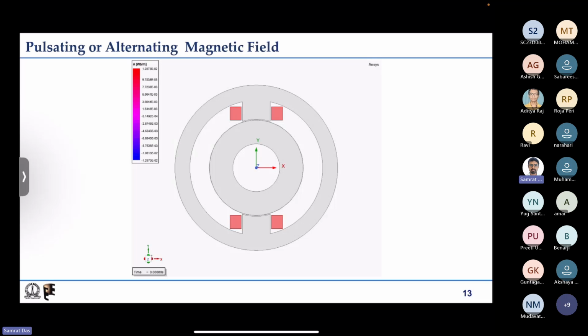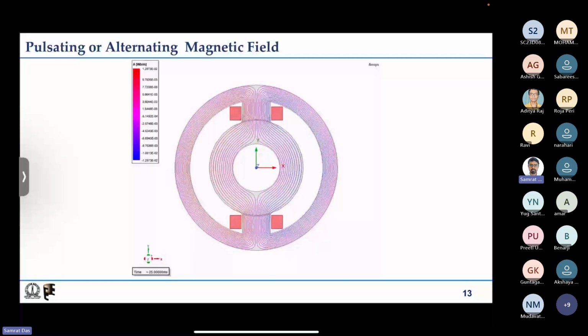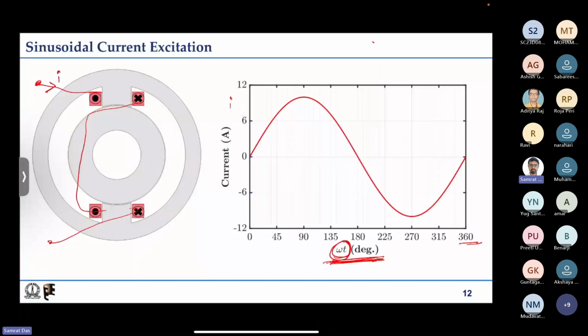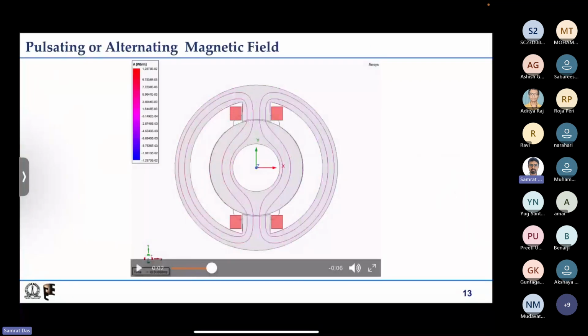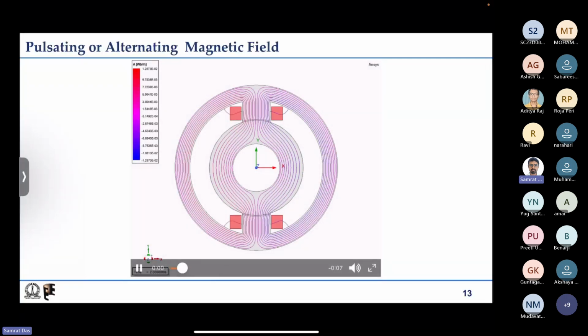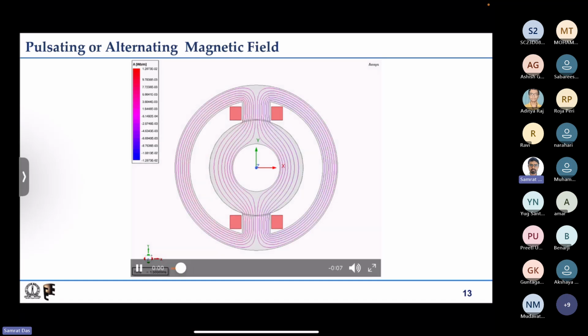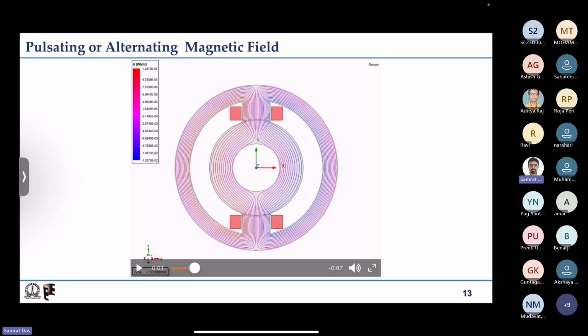Let us see the animation of the field, how it looks if we give that type of excitation. If I run it again, you can see that initially when you have zero current, there is no field in the air gap. As current increases, your field starts getting developed and becoming stronger and stronger.